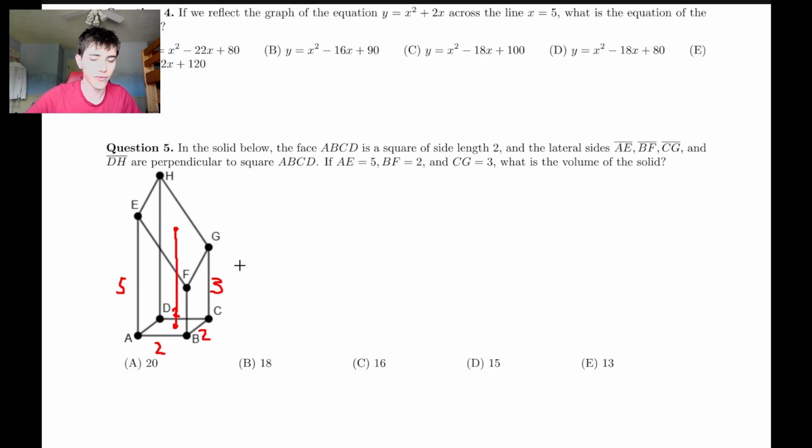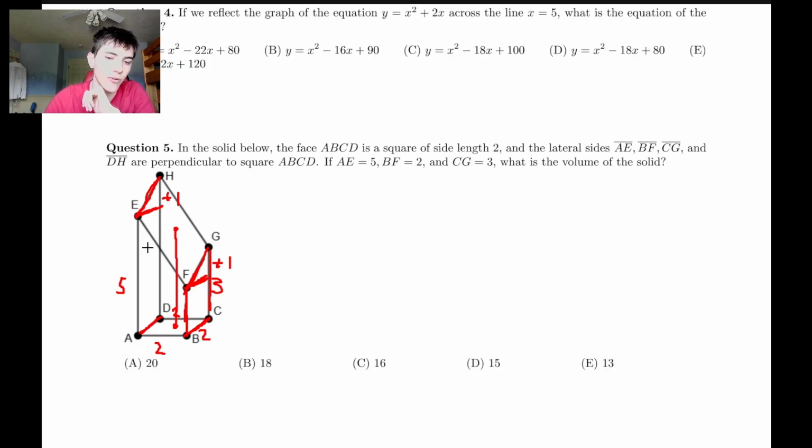is finding the average of these edges, but we don't have the 4th edge. So one way you could think about it is that this distance right here is the same as this distance, and when you go here to here along this line, then you're increasing by 1, right? And then, if you were going along this line, which should be parallel to that one, then shouldn't it be the same increase?